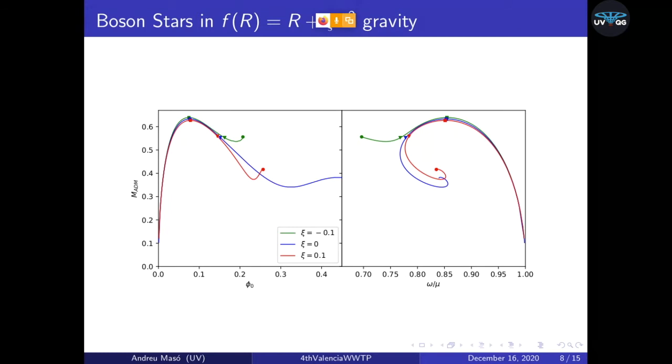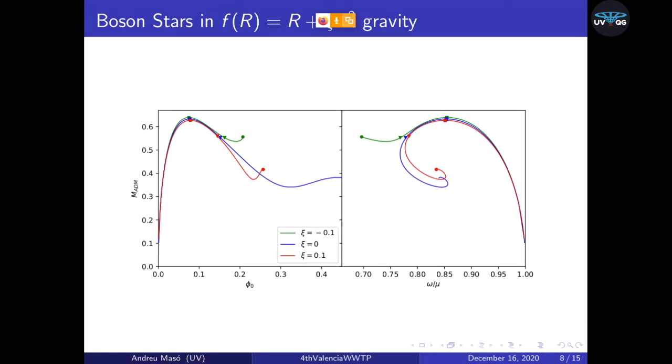Okay, so let's analyze what the results mean. First of all, the solutions obtained indicate that spherically symmetric stationary boson stars are robust under modifications of the gravitational dynamics for a broad range of gravitational coupling chi.